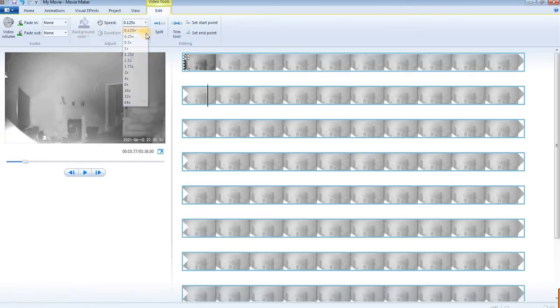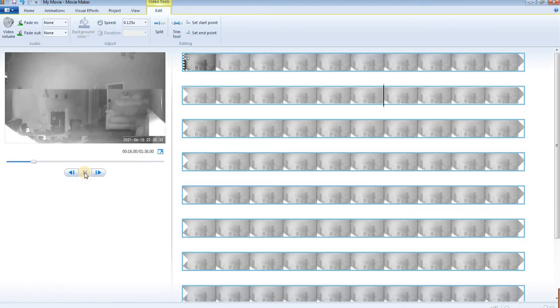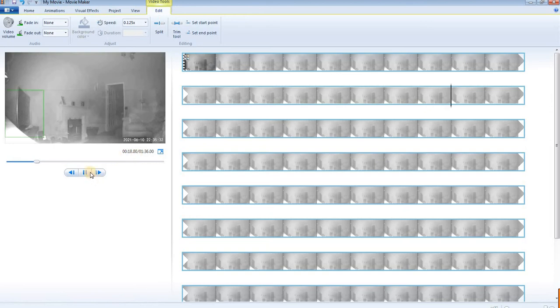I'll go down a bit slower still. I can't see anything else except this, the frame breaking up there.